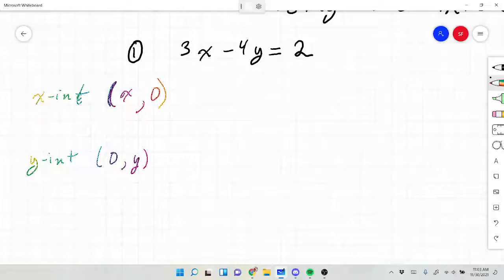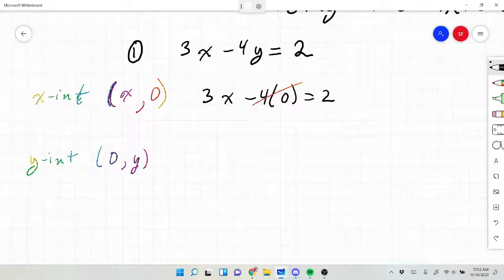So in order to find the x-intercept, we just substitute 0 in for y and solve. So what's negative 4 times 0? 0. So we end up with 3x equals 2.